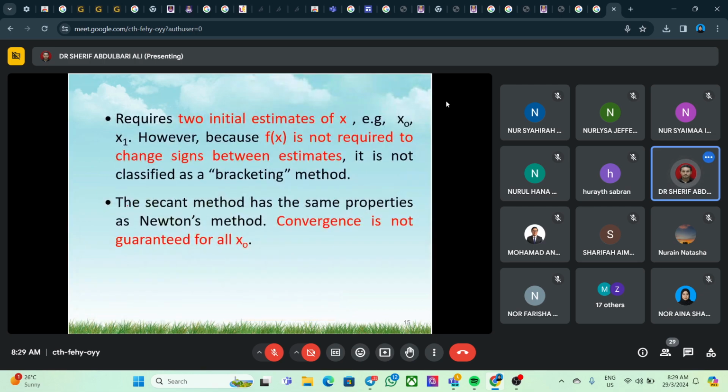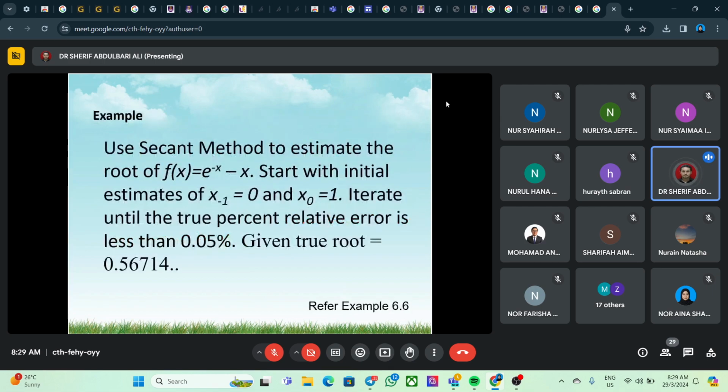So the second method has the same properties as the Newton method. Convergence is not guaranteed for all the x's. So let's solve the same example that we solved for the fixed point and Newton-Raphson, again using the second method, and see how efficient it is.